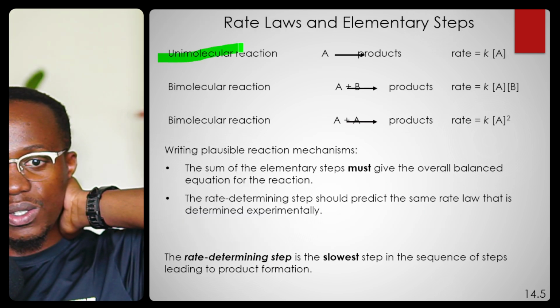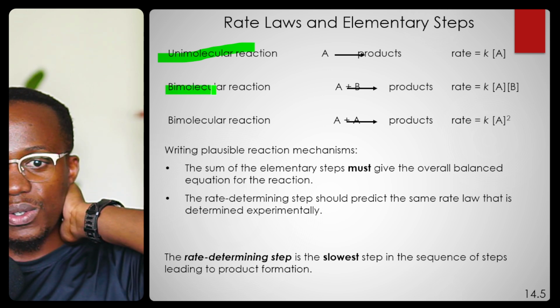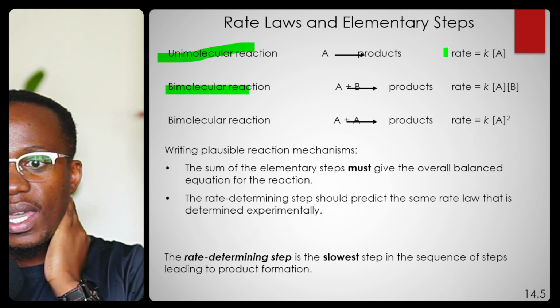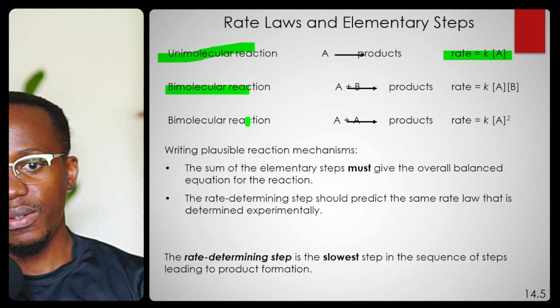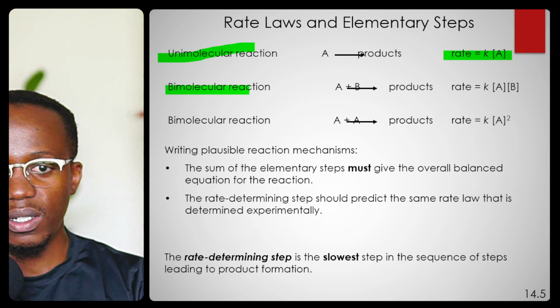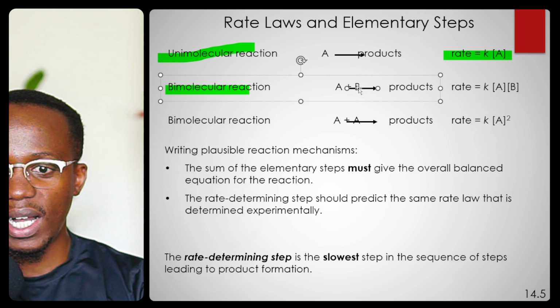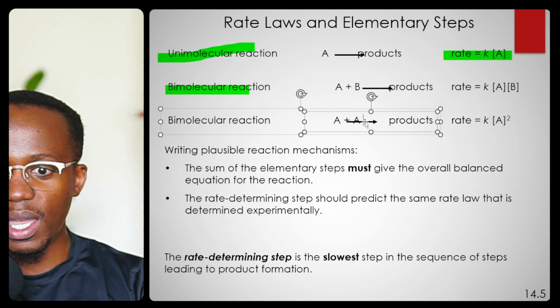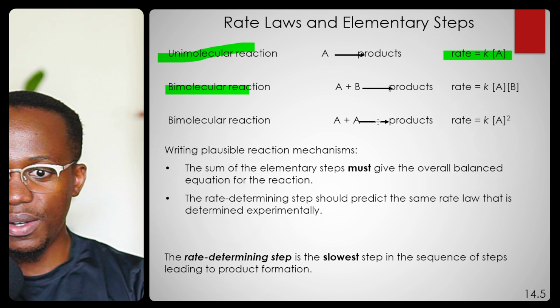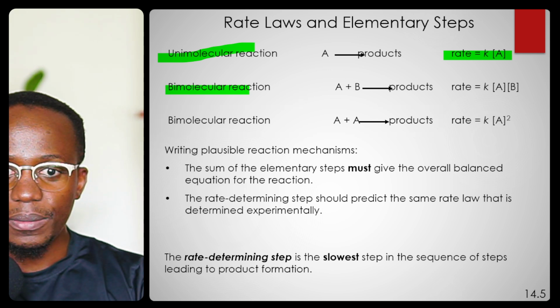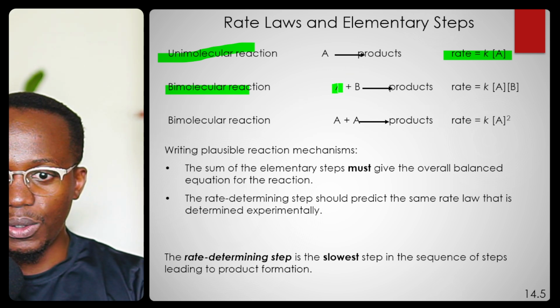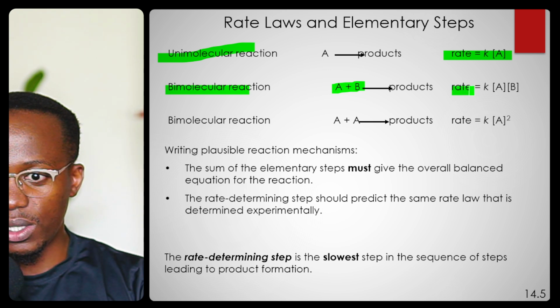different reactions, you have different rates. A unimolecular reaction has one rate. A bimolecular reaction has two molecules. Everything that we've been calculating uses A, but if you have A plus B, you're going to have to adjust the equation. You have a different rate.